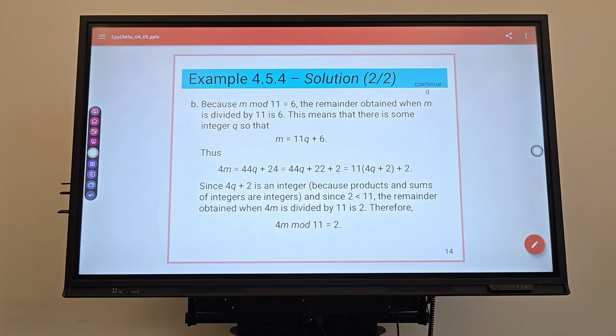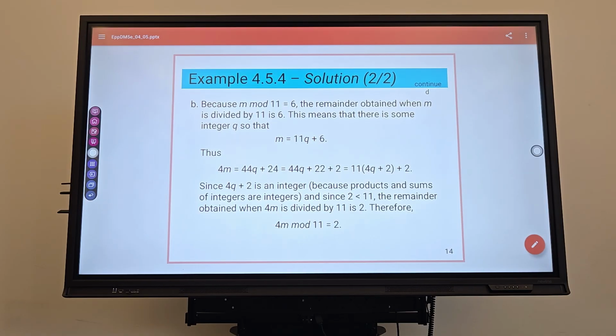Because m mod 11 equals 6, the remainder obtained when m is divided by 11 is 6. This means that there is some integer q so that m equals 11q plus 6.